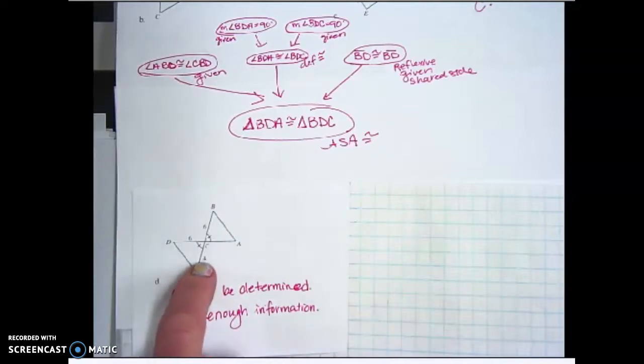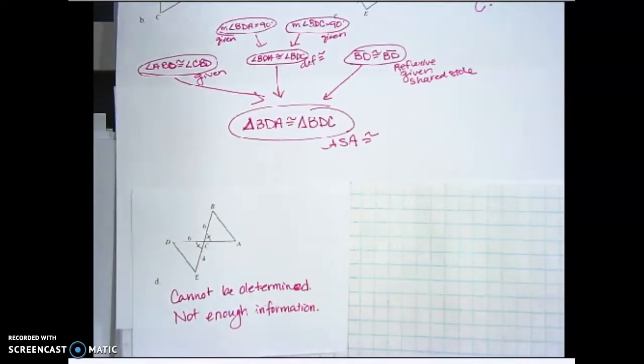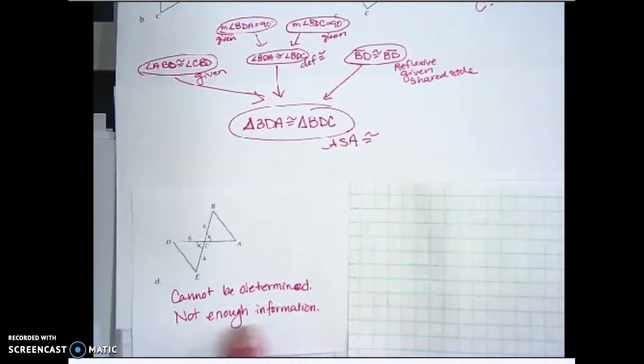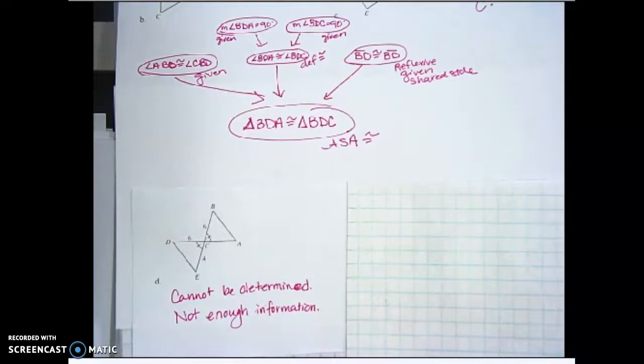Then we have a 4 right here, but we don't have any measurements over here. So we have a side and an angle. Is a side and an angle enough information? No. So you just say, cannot be determined. We don't have enough information. We need at least 2 angles, and we only have 1.